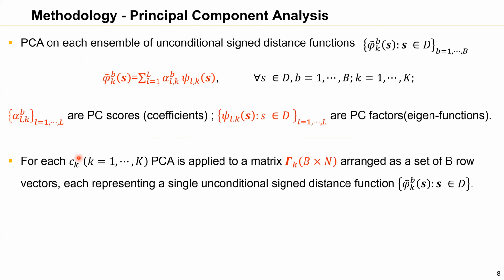So in practice, for each category, the PCA is applied to a matrix gamma k. This matrix has B rows, B being the number of decision trees, and N is the number of grid locations. And each row here represents a single unconditional signed distance function.